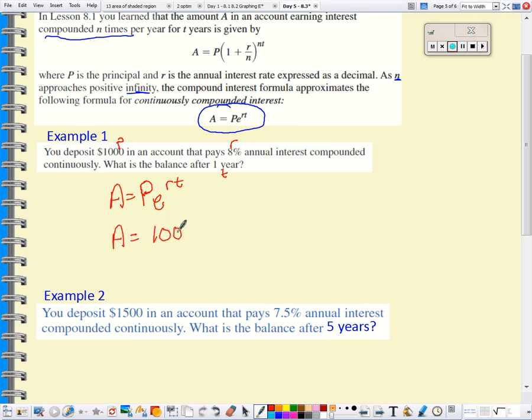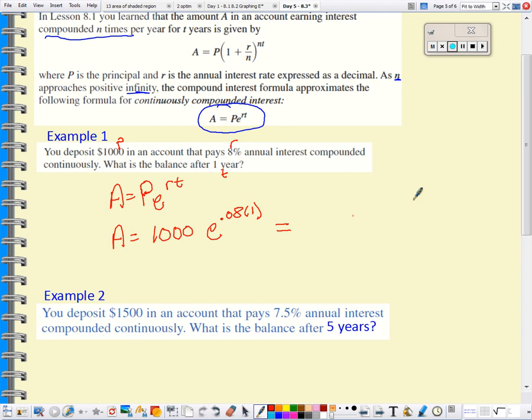So let's plug those numbers in. We always use our percent as a decimal. This is a calculator-ready expression, so for our non-calculator quiz or test, if it says leave your answer as non-calculator ready, you would leave it like this.